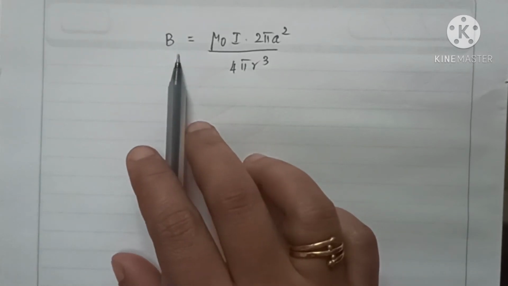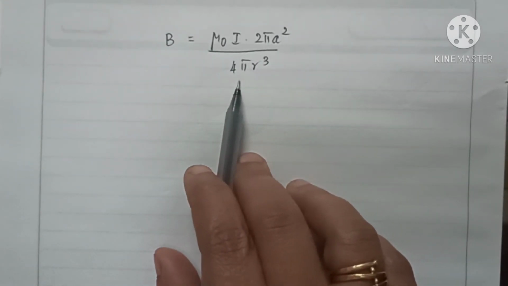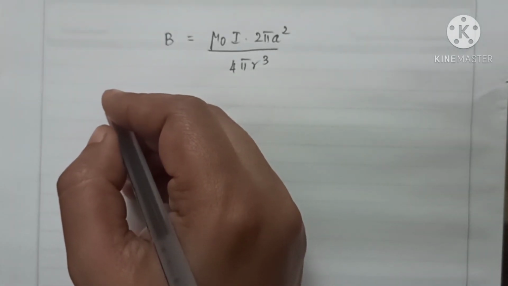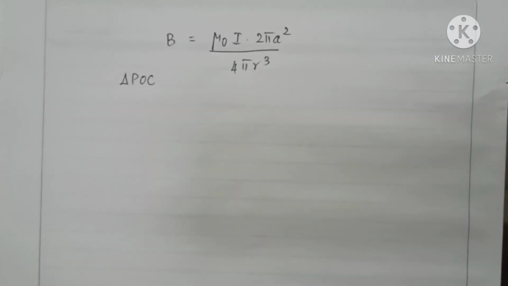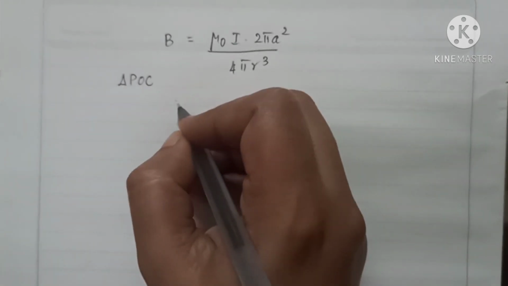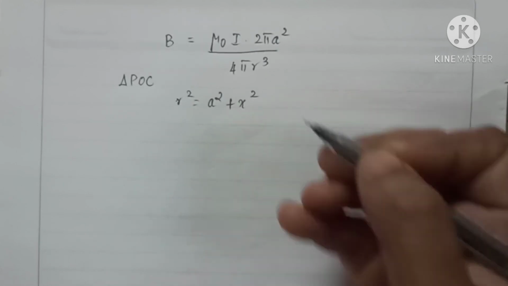So one more special case we can add here. We have the expression B equal to mu 0 I into 2 pi a square by 4 pi r cube. And then if you apply Pythagoras theorem in the triangle POC, please look at your figure, you will get r square is equal to a squared plus x squared, right?